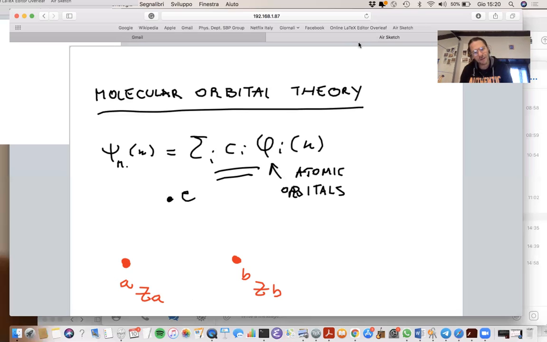That the electron is in a quantum superposition of eigenstates of either atom A or atom B, which, if you think quantum mechanically, simply means that anytime you perform a measurement, you can find the electron either in A or in B with certain probabilities given by the square modulus of the corresponding coefficients.